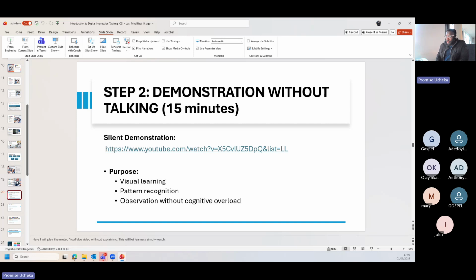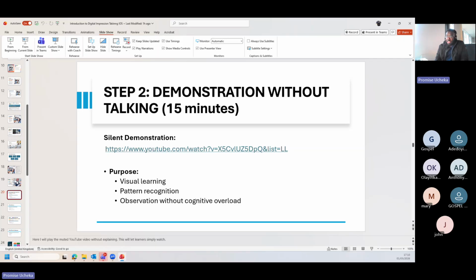But because of time, the first thing we are going to do now is to look at the process of intraoral scanning, and this demonstration will be muted. So you're just going to watch visually. I want you to pay attention, as this will enhance your visual learning.